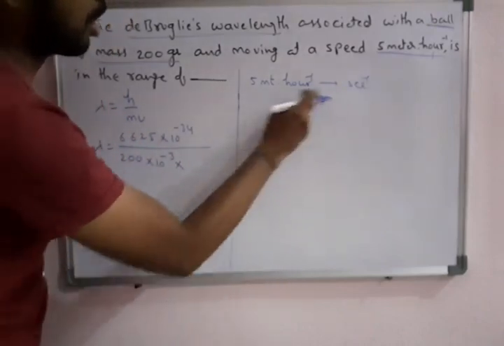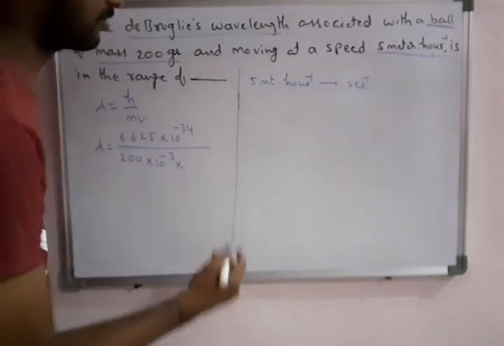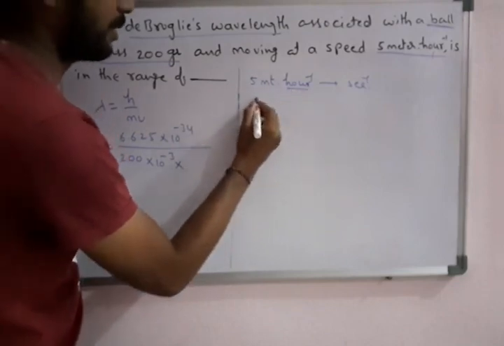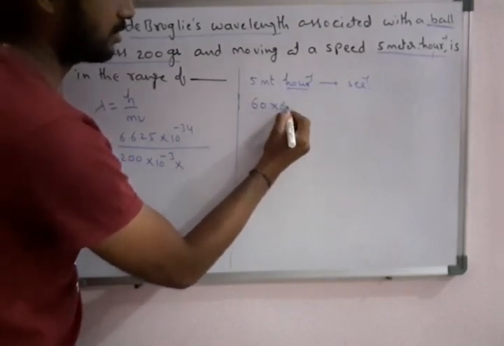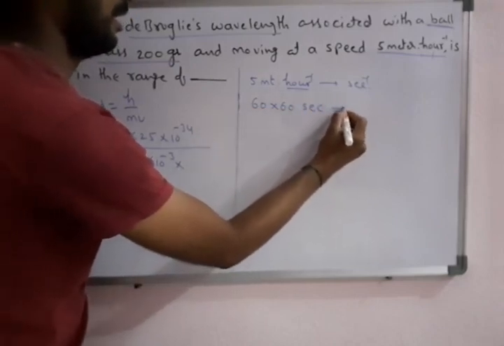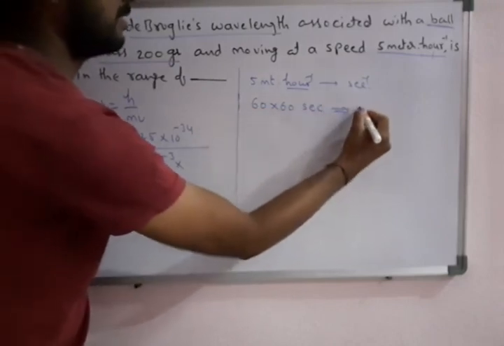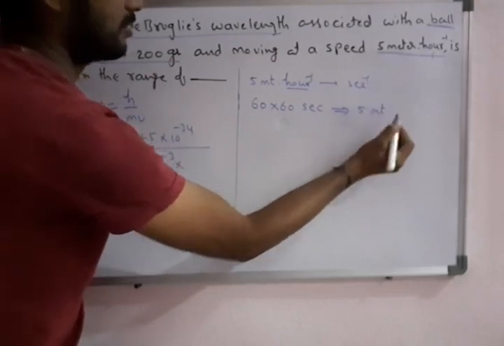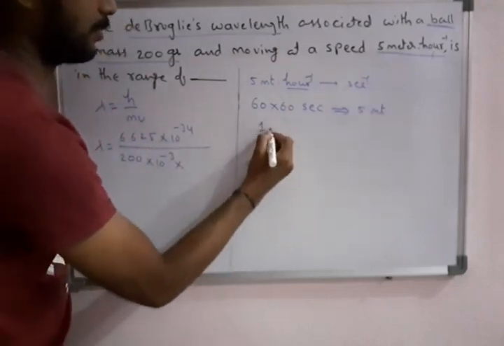An hour means 60 minutes and 60 seconds, so in 60 into 60 seconds it travels 5 meters. So what about in 1 second?